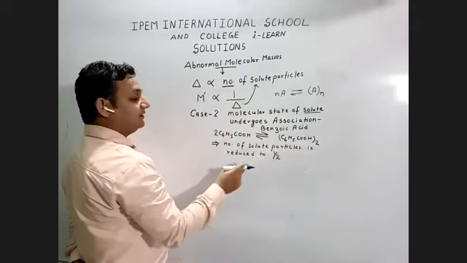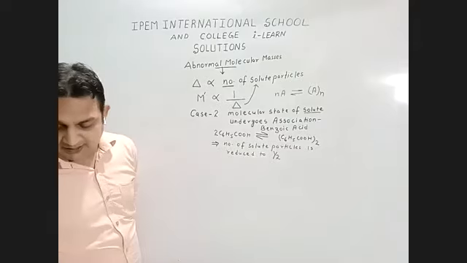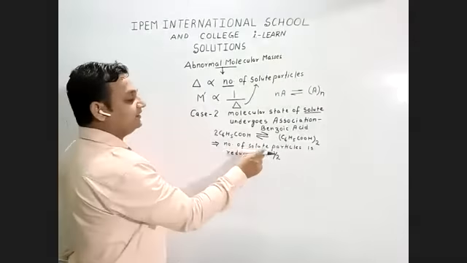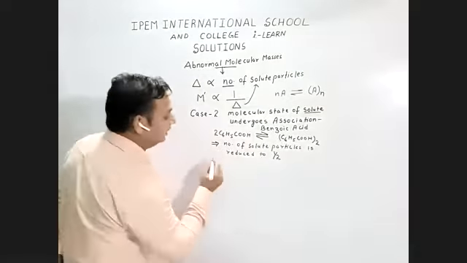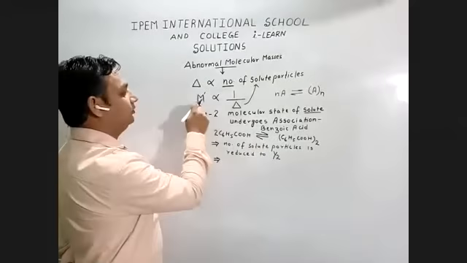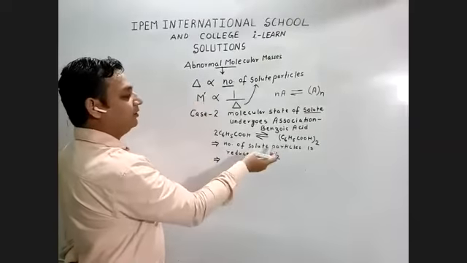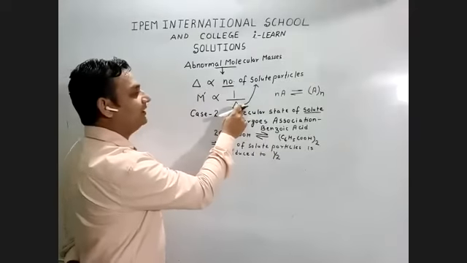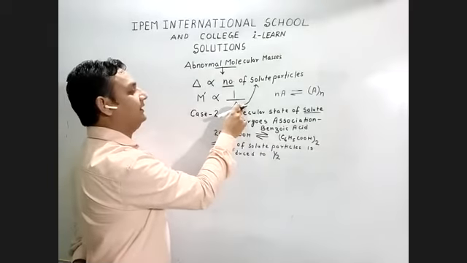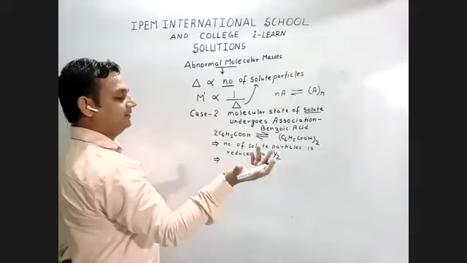When the number of solute particles is reduced, what will happen? Molecular association leads to decrease in the number of solute particles. When the solute particles decrease, abnormal molecular masses will become high because colligative property will decrease. When it decreases, the molecular masses will increase.